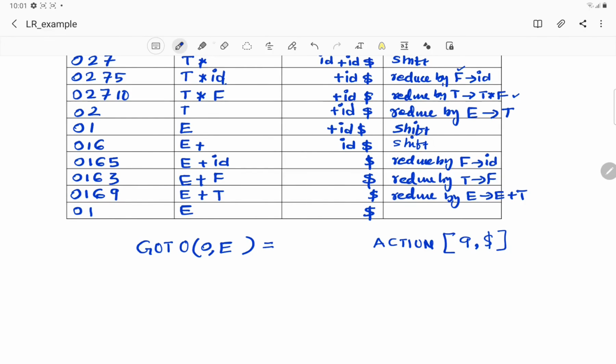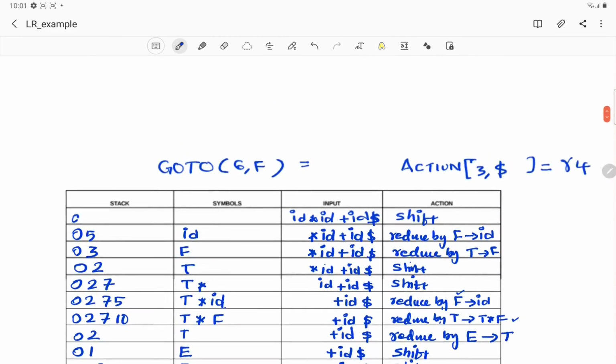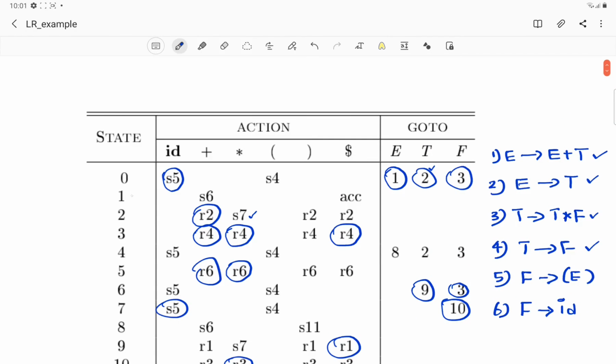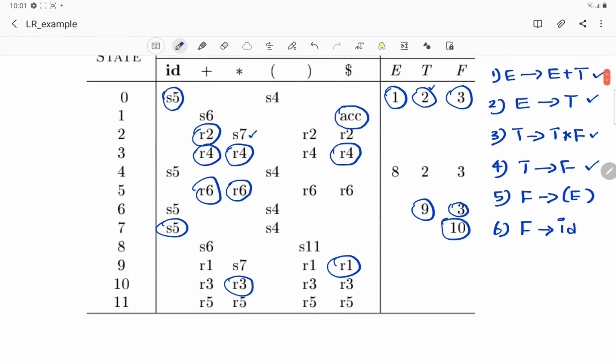Now stack top contains 1 and next input symbol is dollar. What is the value? Action of 1 comma dollar. This is 1 and this is dollar. This is the action of 1 comma dollar, that is the accept state.